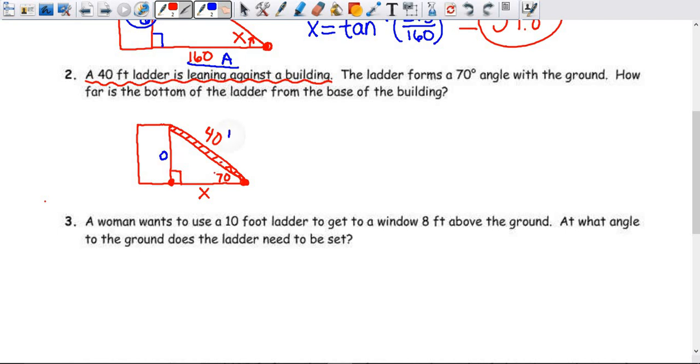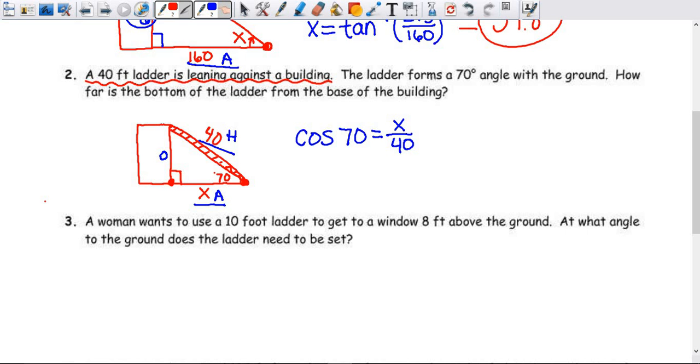Across from our right angle is our hypotenuse, and the last one that's right next to it is our adjacent. So in this case, I know I'm using the adjacent side and the hypotenuse side. A and H uses cosine. So cosine of angle equals adjacent over hypotenuse. All right, so then you get x over 40 there.